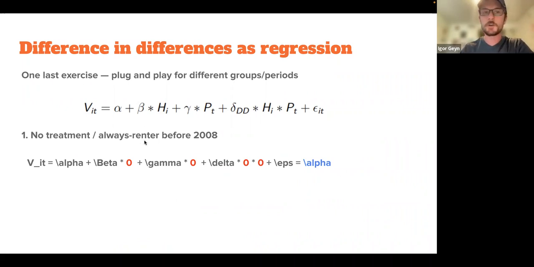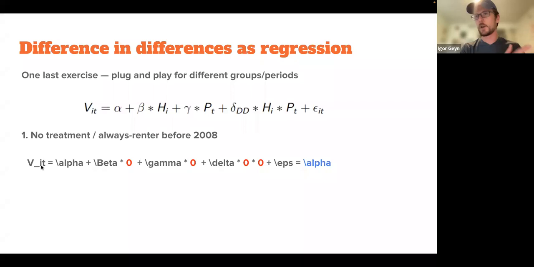So the non-treatment or the control group, which is to say always renters in the pre-treatment period, means that we're going to plug in 0 for H, 0 for P, and multiply 0 times 0 to get H times P as 0. What that's going to do is zero out beta, zero out gamma, and zero out delta. And so ignoring epsilon, which is just an error term that we can basically ignore, we're left with alpha.